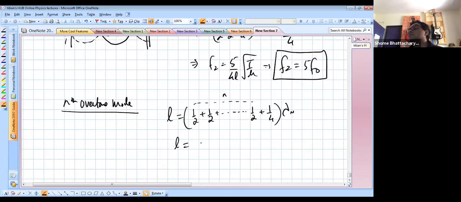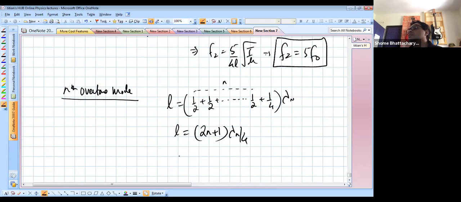So L becomes (2n plus 1) lambda by 4, and the frequency becomes the (2n plus 1)th harmonic of the fundamental.